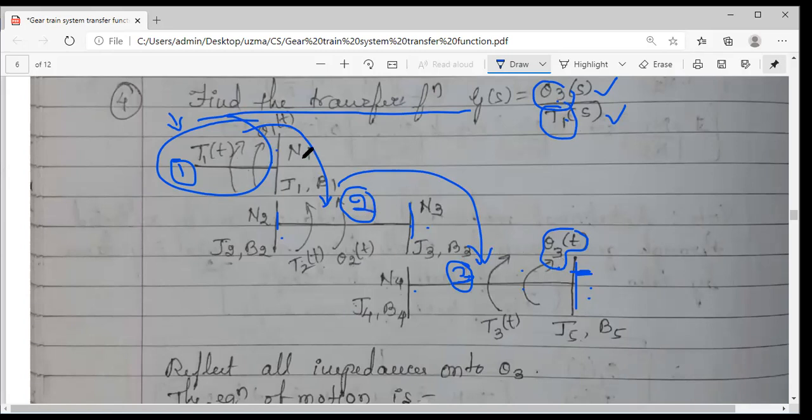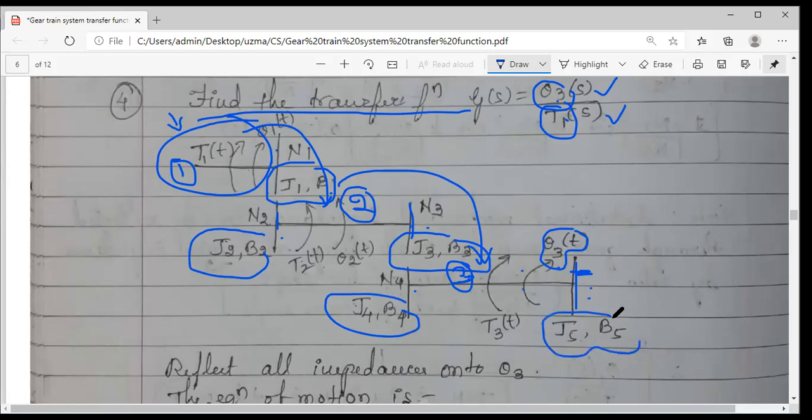Generally, if I want to draw the equivalent circuit for this, how will it be? Observe, I don't have any spring constant. Only for the first shaft, it is J1 and B1. For the second gear, it is J2, B2. Third gear, J3, B3. Fourth gear, J4, B4. Fifth gear, J5, B5. So each gear has a moment of inertia and a viscous friction coefficient.